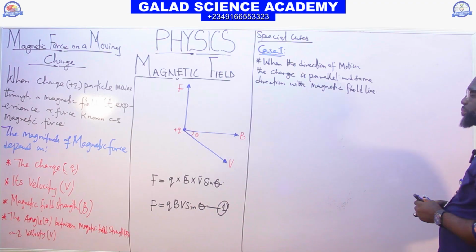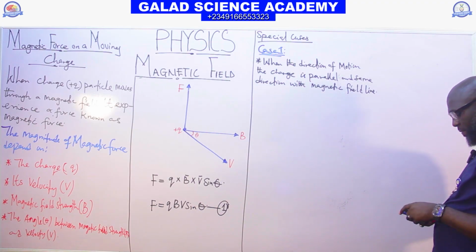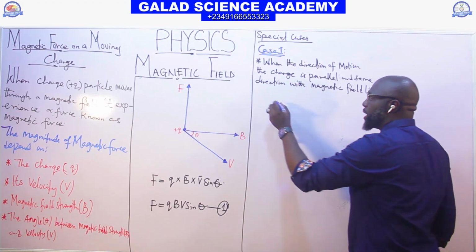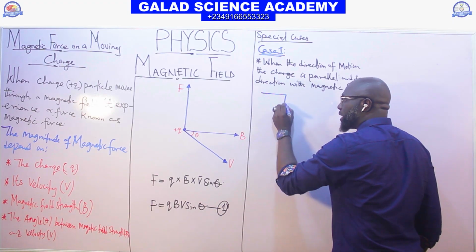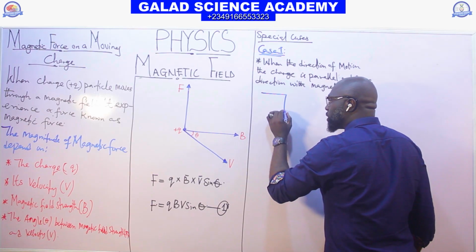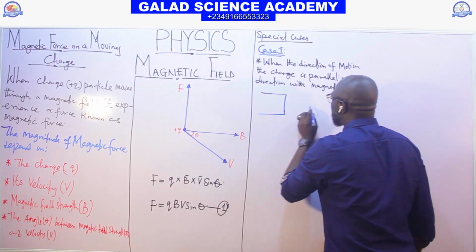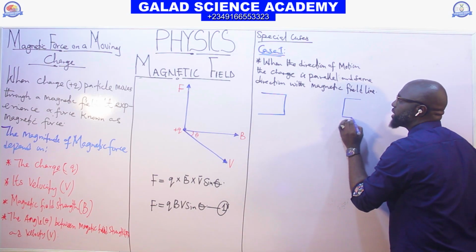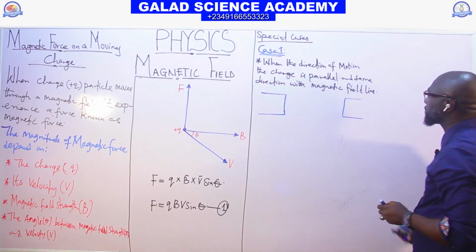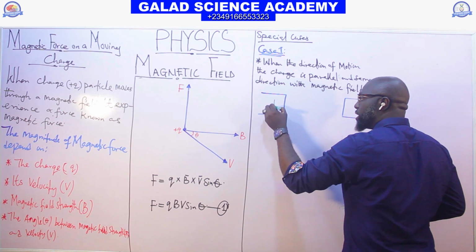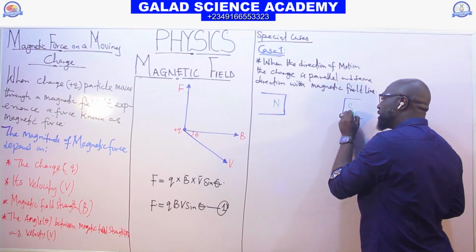Look at this case. Let me say this is a magnetic bar. The bar always has two ends. This end here is north, this end is south.